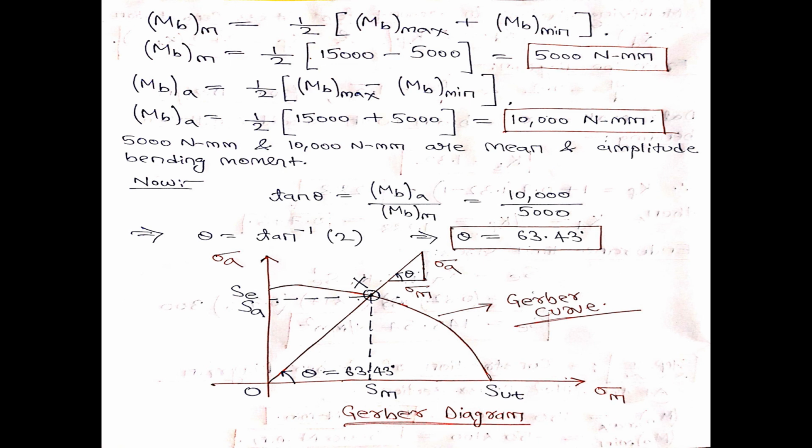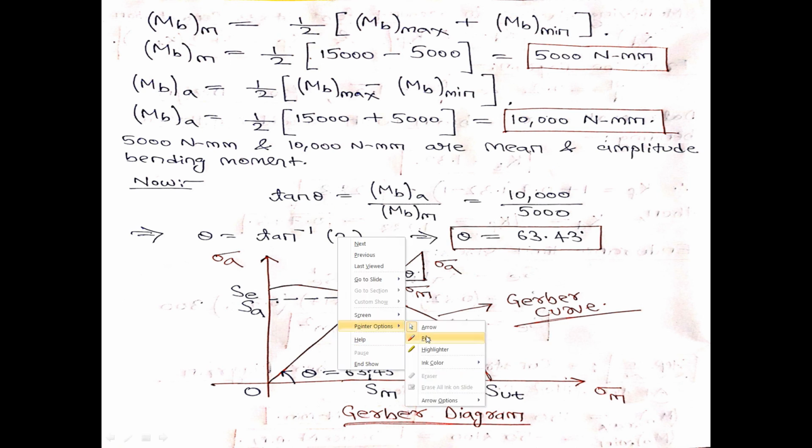Then that theta is 63.43 degree. Then by the help of protractor, if I draw a line which is inclined at an angle of 63.43 degree, that line will intersect your Gerber line at point X, and that point is having X value as Sm.